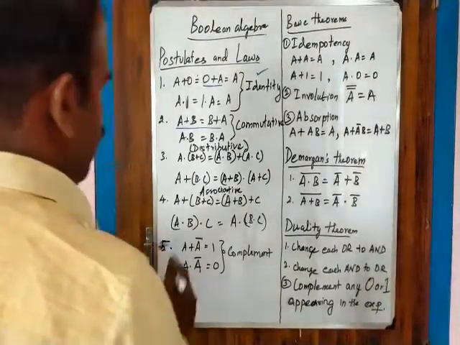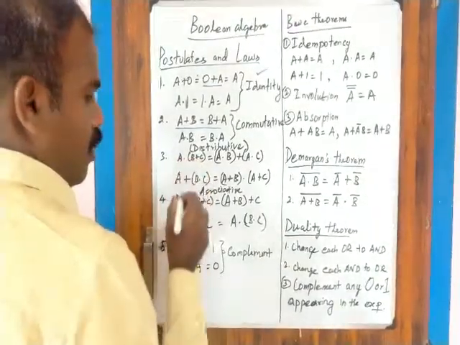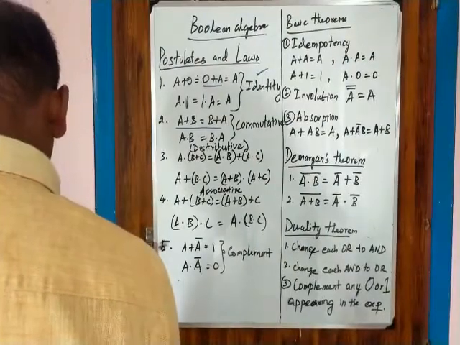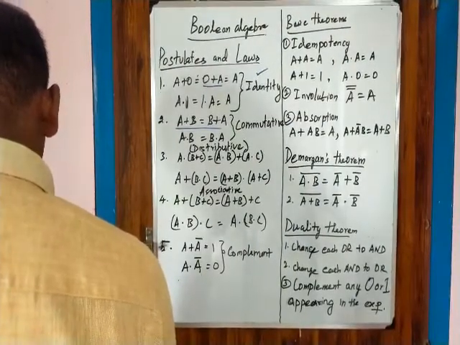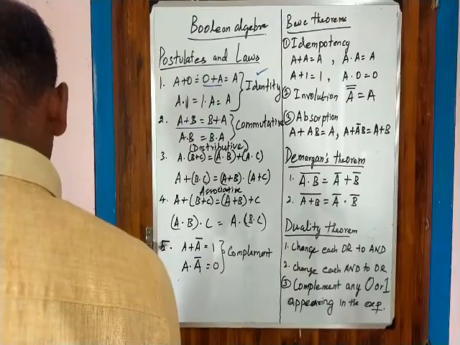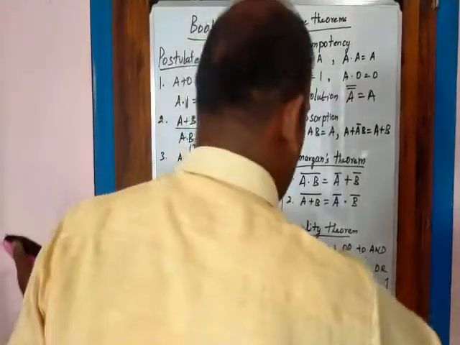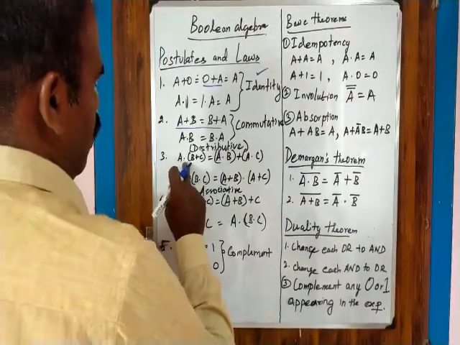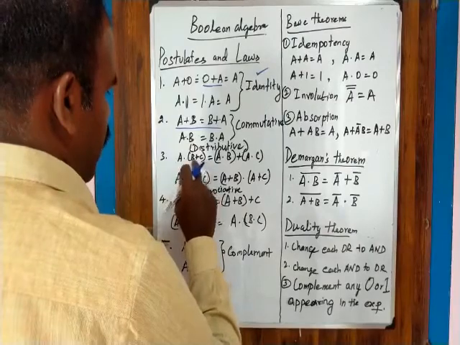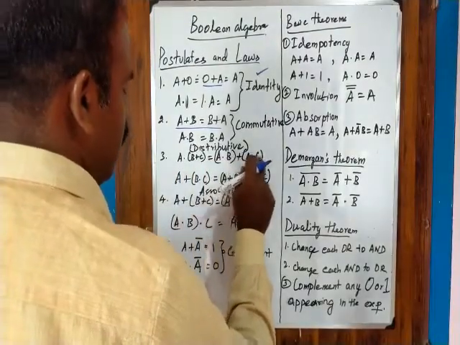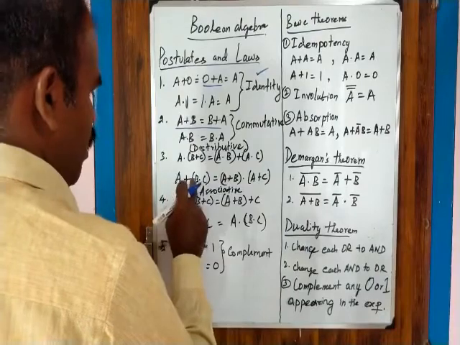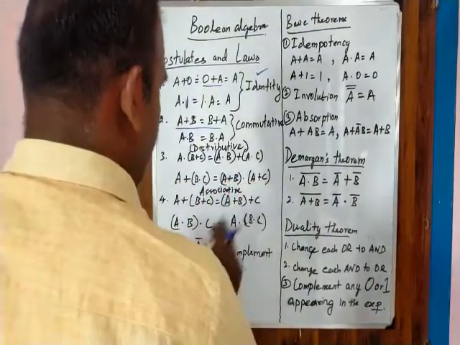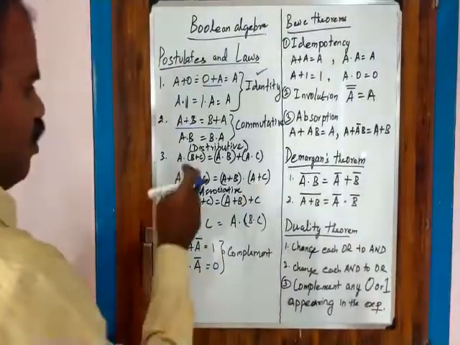Next, distributive property. Similarly, distributive property, that is A dot bracket B plus C equal to A dot B plus A dot C. Similarly, A plus bracket B dot C equal to A plus B into A plus C. This is the distributive property.